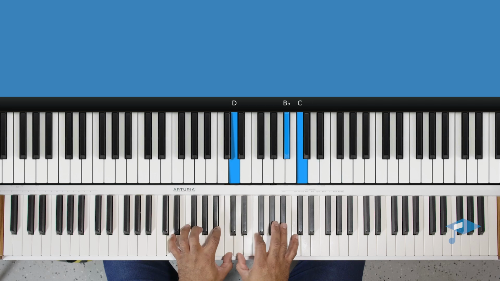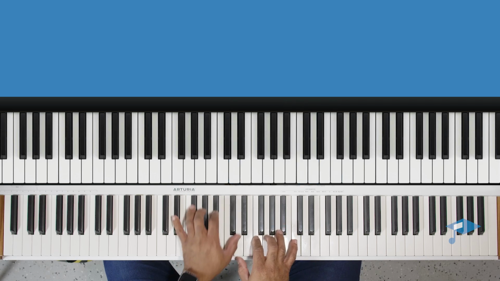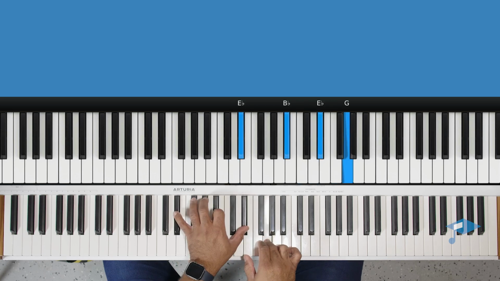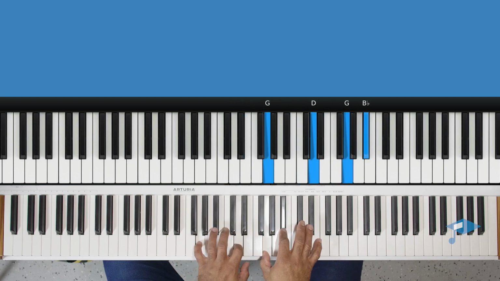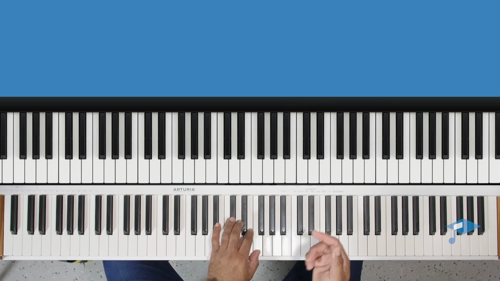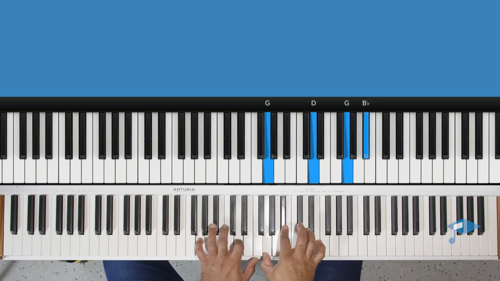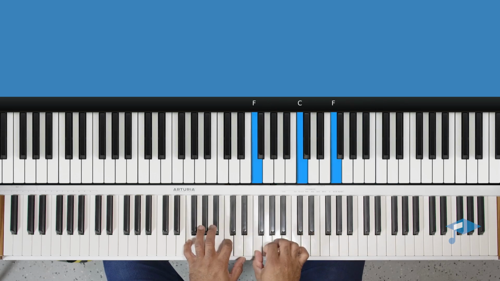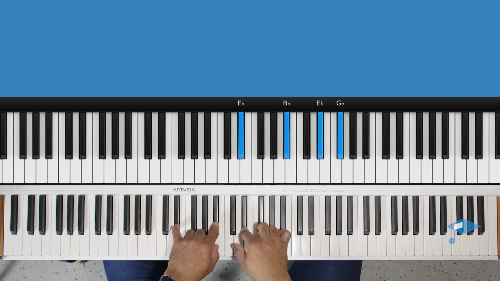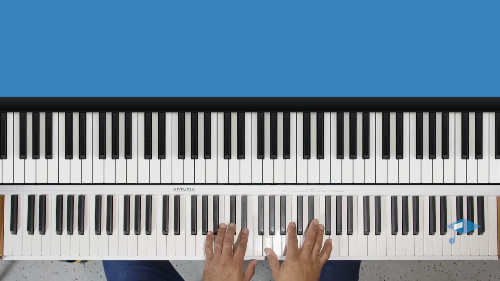And then that B flat over D to E flat. Same chord, walk up, and same thing walking down.